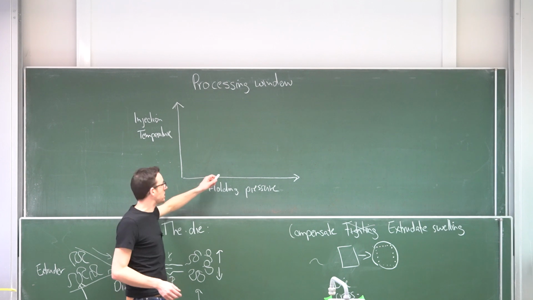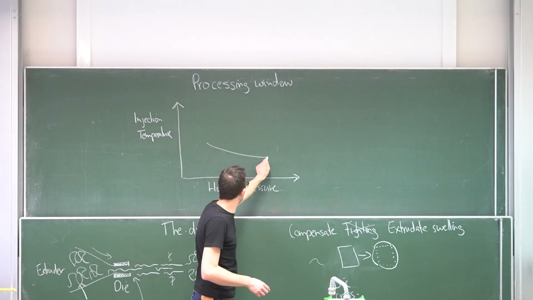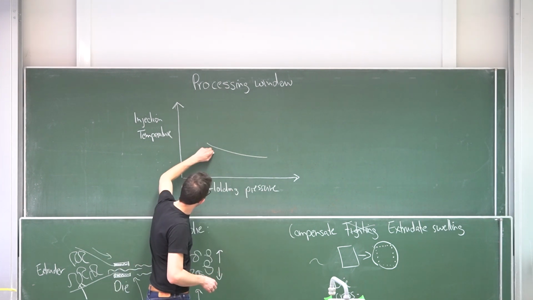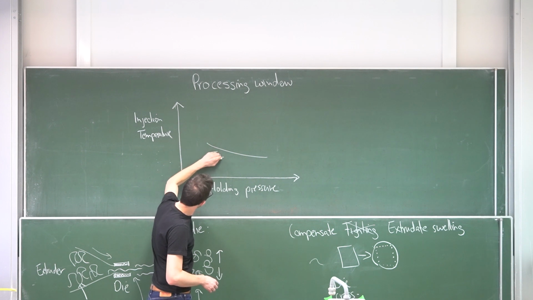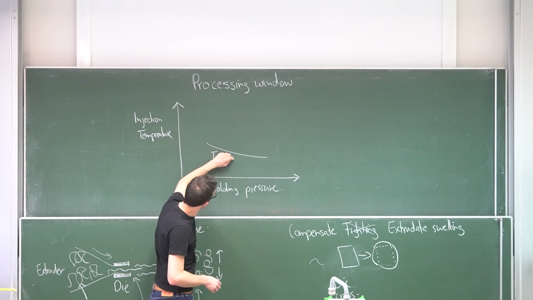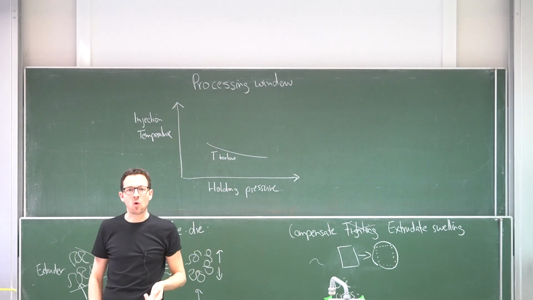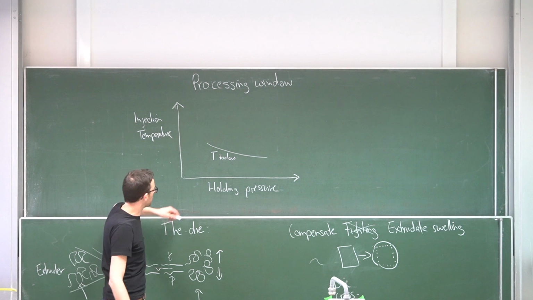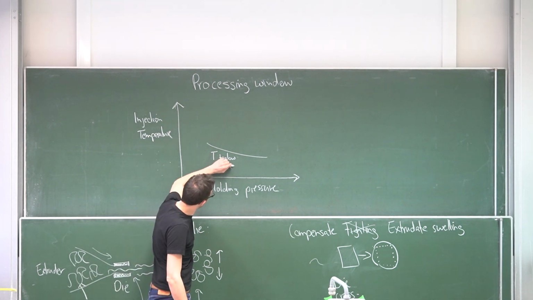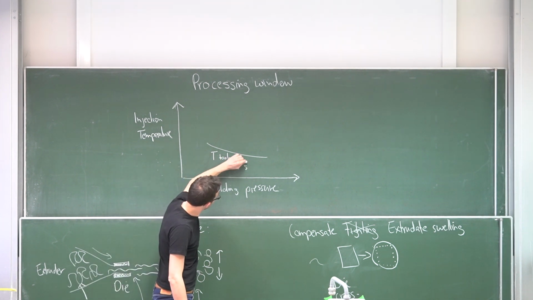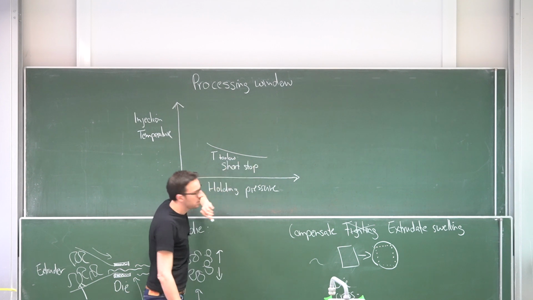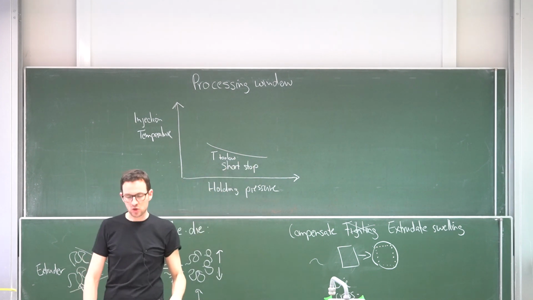Now in terms of temperature, we have two things to consider. We can have a temperature that is too low, and when the temperature is too low, then we do not fill our form completely. This is known as a short stop, so we do not get sufficient material in there.